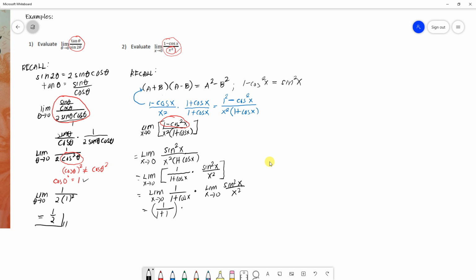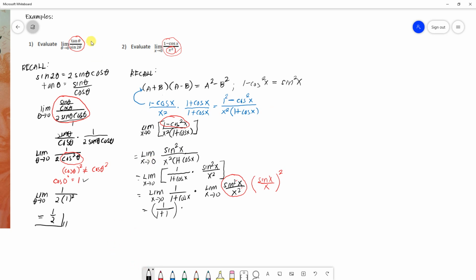Okay, itong part na to, dyan na natin i-apply yung special limits. Kasi itong sin squared x over x squared can be written as, parehas kasi may squared, pwede kong sabihin (sin x over x) squared. Dinidistribute lang naman yung squared sa taas at sa baba. So, if that is the case, ano yung limit of sine theta over theta where theta approaches to 0? So, ibig sabihin, equal siya kay 1.